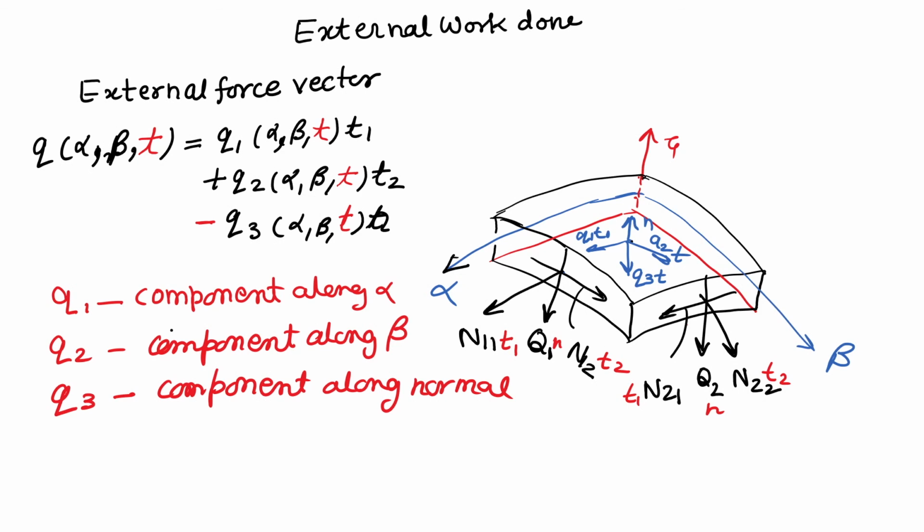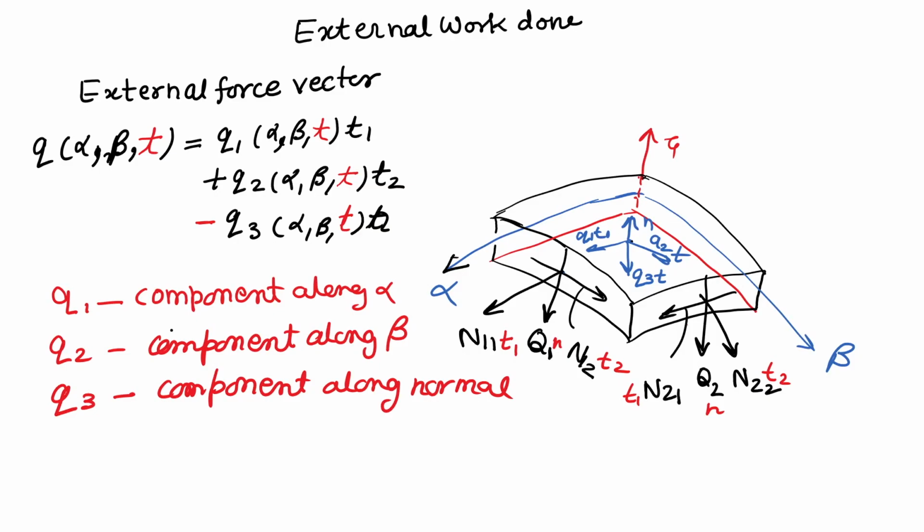In the external force vector, let us say a force vector q is acting on a surface. Basically, we take it as acting on a reference surface, because the shell is thick. Though sometimes it is acting on the top of the shell, the external force vector is taken at the reference surface.